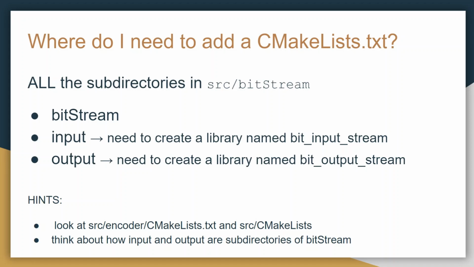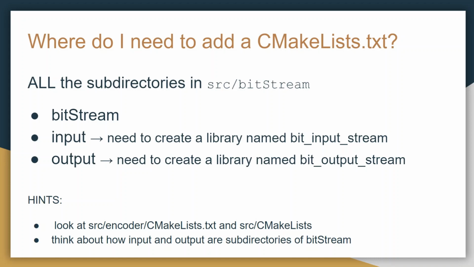Also, when you create the CMakeLists files in input and output, you need to create a library with these specific names. So bit_input_stream and bit_output_stream. That's because there's a different location, which you'll be uncommenting, that uses these library names. You need to use them exactly when you add these libraries, which is something you should be doing in these files.